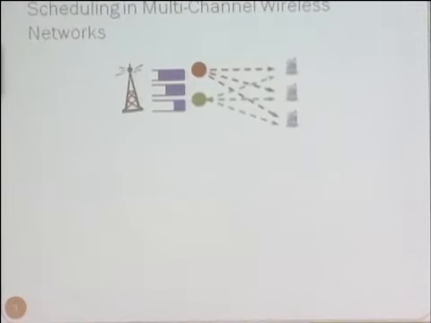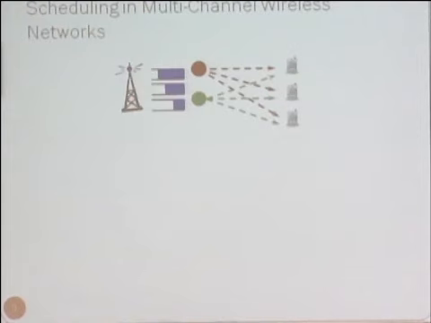So the problem that I'm going to look at today is scheduling in multi-channel wireless networks. What I mean is you have a base station here. The base station is this fixed infrastructure tower that's transmitting to these mobiles. And this base station can communicate to the mobiles in one of multiple channels. So you can think of the system as having multiple servers and a collection of queues, and each channel or server can access only one queue at each time instant.